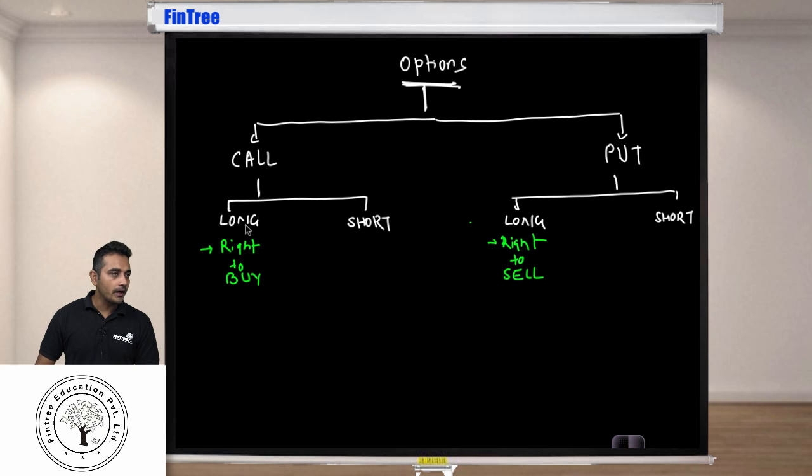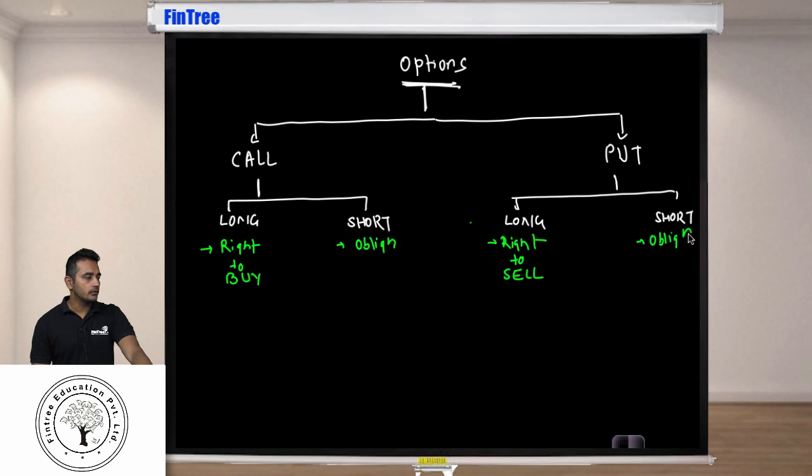Now, short is the counterparty of the long. So if a long has a right to buy, short is always going to have an obligation, and this short is also going to have only an obligation, and that's what we refer to as the asymmetry of the contracts. Are we okay here?